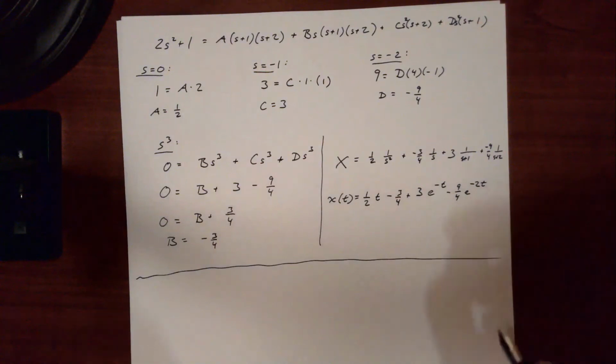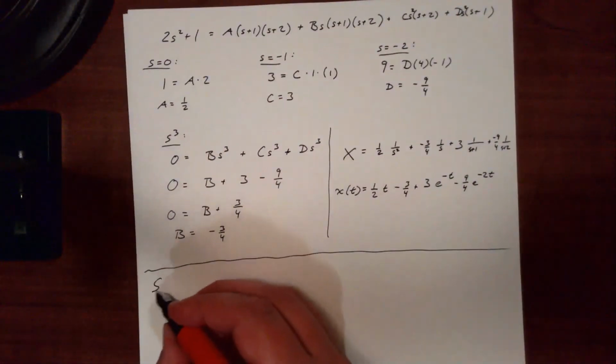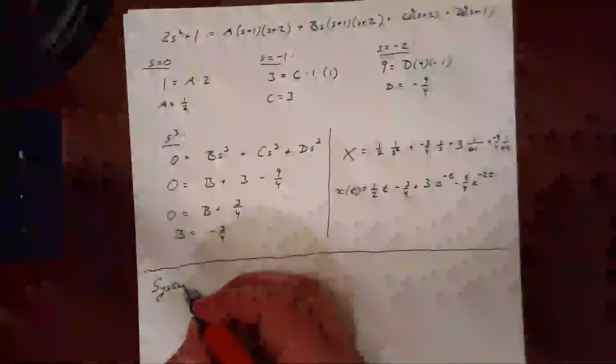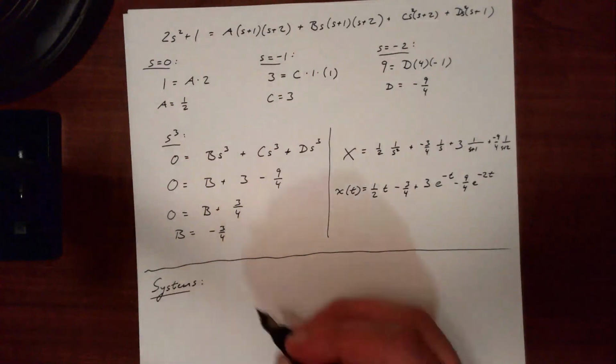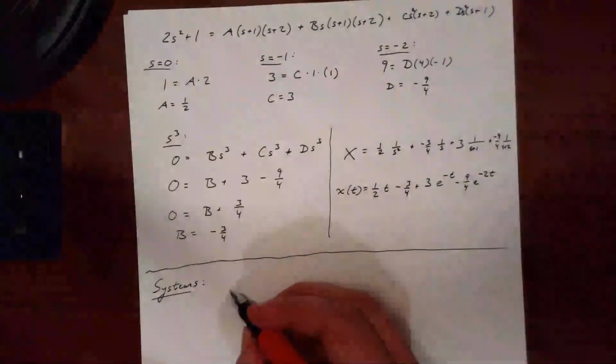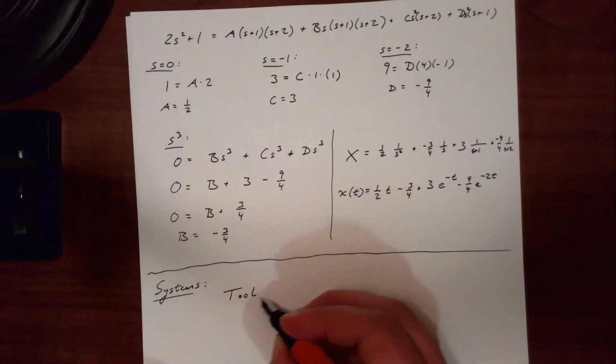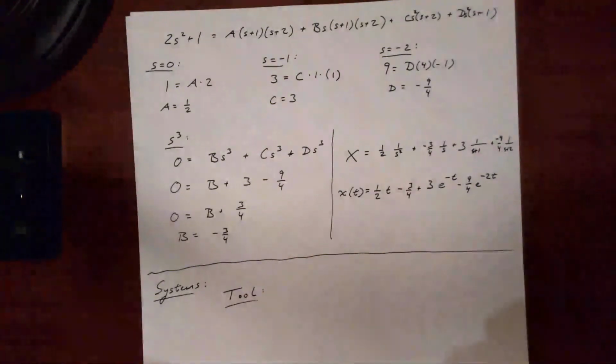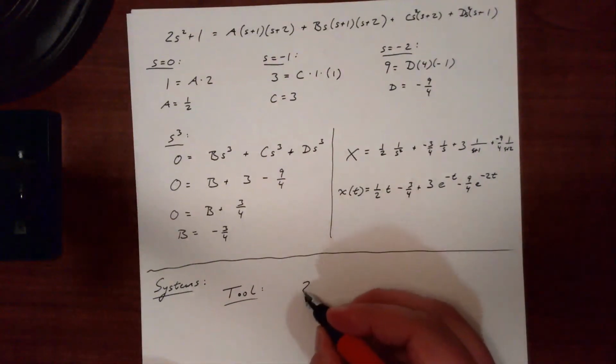And then one last twist on this is that we can use a very similar method for systems. And the tool that we're going to use is a tool that we have used a couple times already. It's a tool that keeps on giving. It's from linear algebra, and it's the 2x2 Cramer's rule.